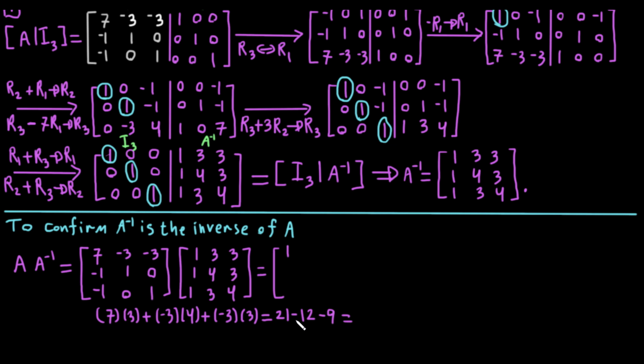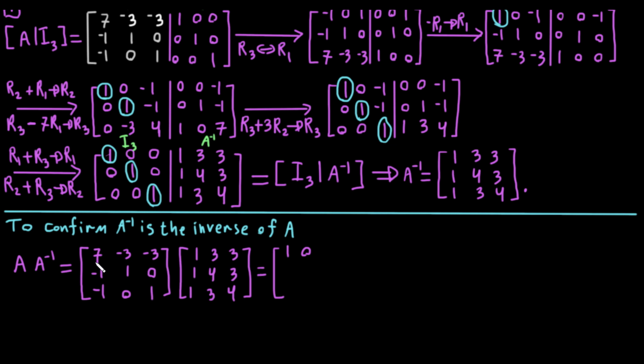So 21, -12 minus 9, which is -21. 21 minus 21, which is 0. So here I have to write 0.